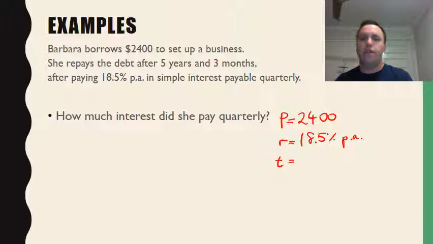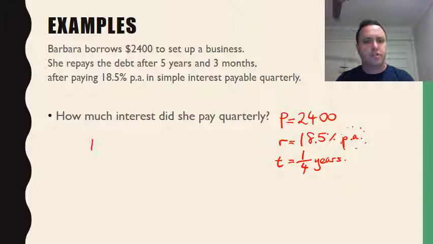Okay, so that means she's paying it every quarter of a year. Okay, so that would be 1/4. So it's important to do it that way because our interest rate is given to us in per annum, so per year. So if she's paying quarterly, we have to have the time as quarter years.